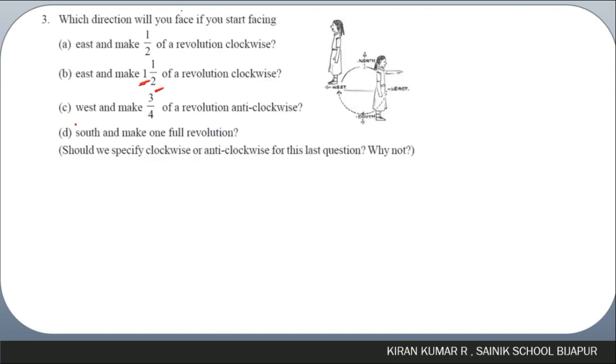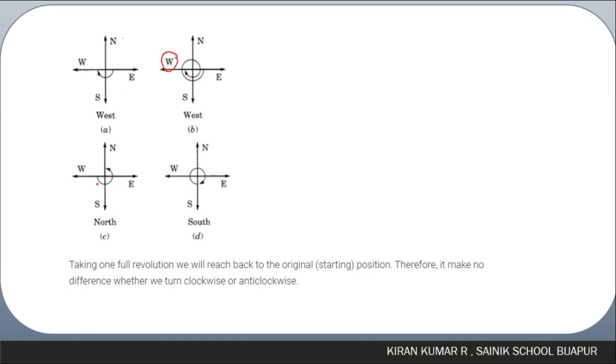In the C we have west and make 3/4 of a revolution anti-clockwise. Anti-clockwise is the reverse direction of the clockwise. So from here 3/4 will land at north.